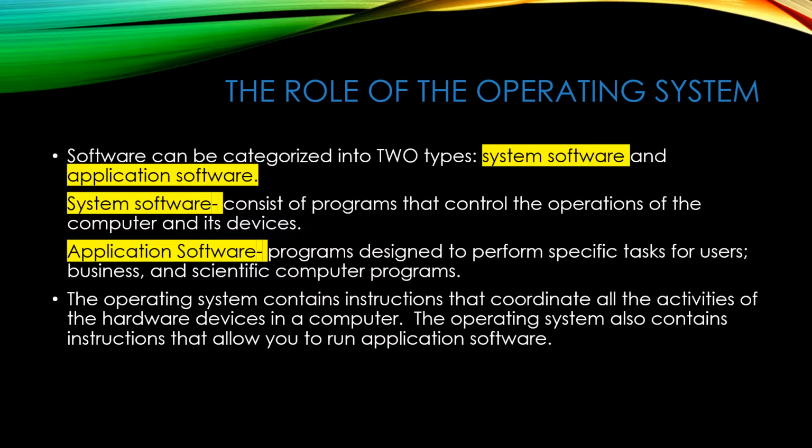Application software: programs designed to perform specific tasks for users, businesses, and scientific computer programs. The operating system contains instructions that coordinate all of the activities of the hardware devices in a computer. The operating system also controls instructions that allow you to run an application software.